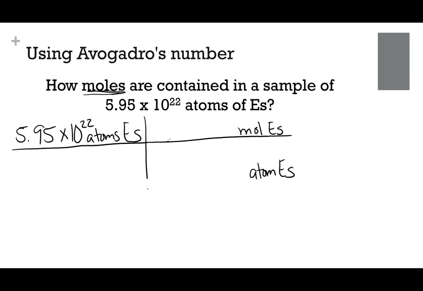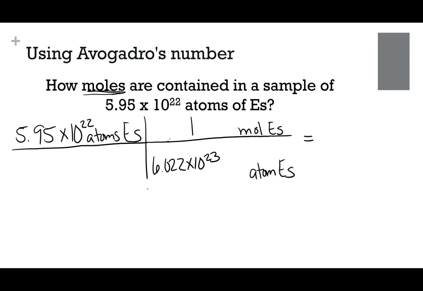What number always goes with the unit mole? The number 1. And what number is going to go with atoms or things? That's going to be Avogadro's number. All right, multiply across the top, divide by the bottom.